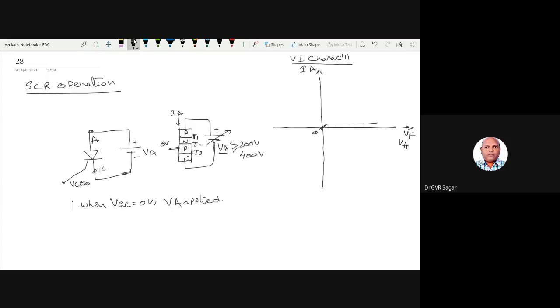When junction J2 breaks down, immediately the applied voltage will fall, and the current goes on increasing.